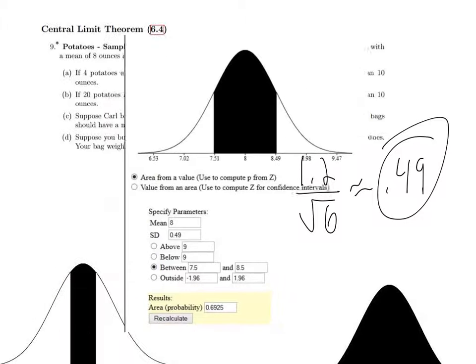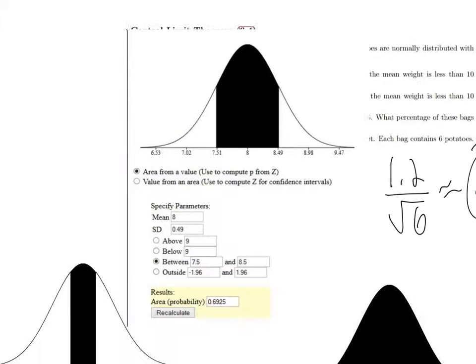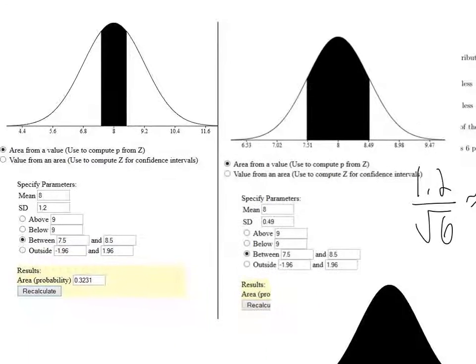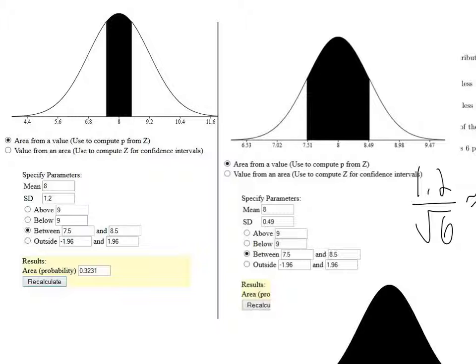If you look at the standard deviation marks, here's the regular population, no sampling distribution. I'm going from 8 to 9.2. It's adding 1.2 every time, and here I'm adding 0.49.